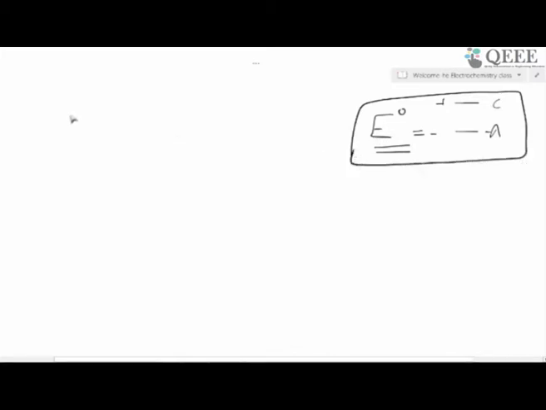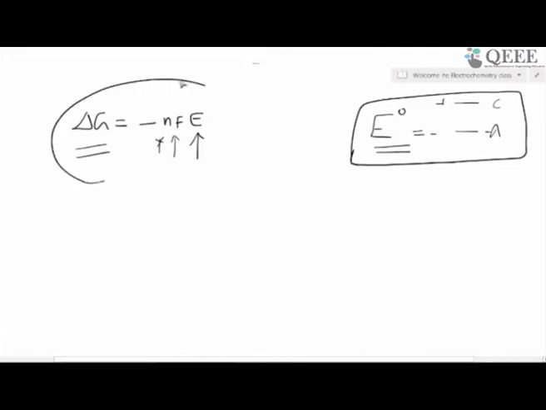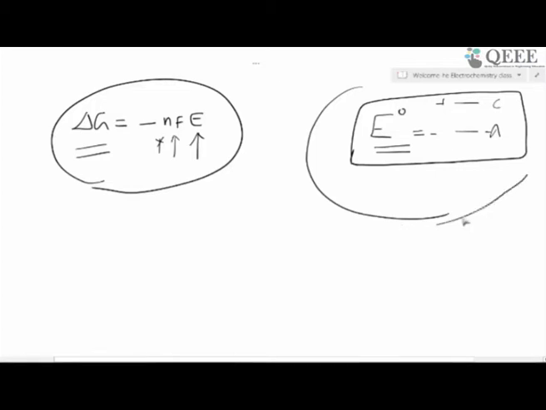And also we have calculated the energy density, using the formula delta G is equal to minus nFE, where E is the voltage calculated for this combination of redox couples, and then F and n, and then calculated the energy available from such a battery. But again, this is a thermodynamic quantity, am I right? So this information, energy density or this voltage values, does not tell anything about the kinetics of the battery.